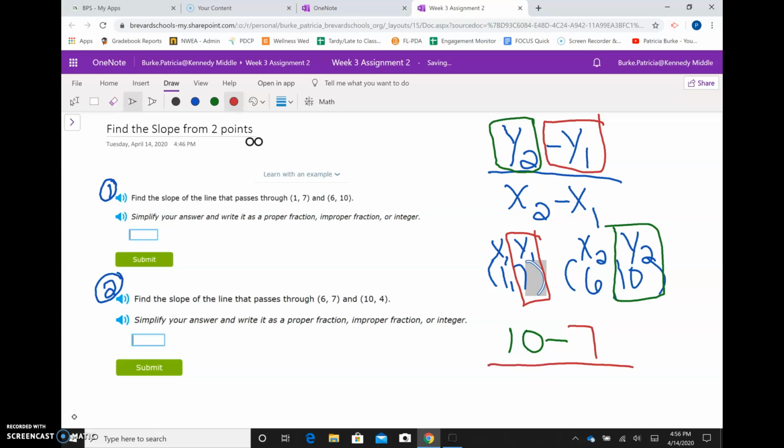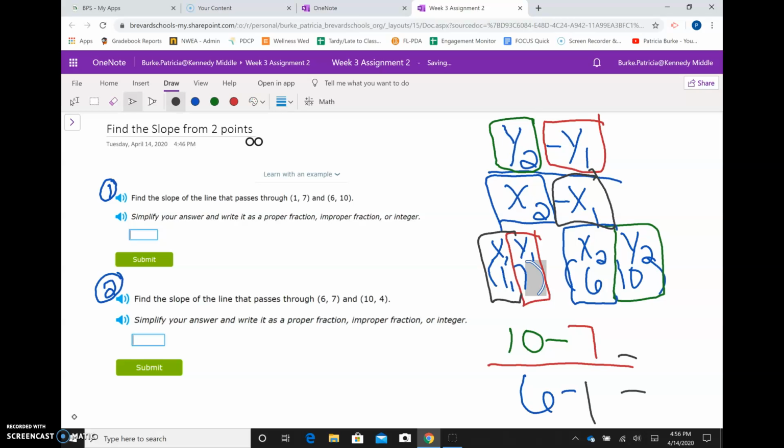Let's keep going on our color train. x2 is next. Our x2 is 6. It goes right here in our formula. So we have 6 minus, and we're finally going to get to x1, and so we're going to subtract 1.